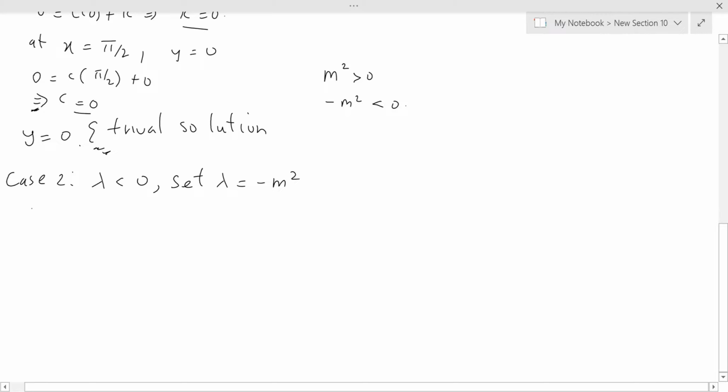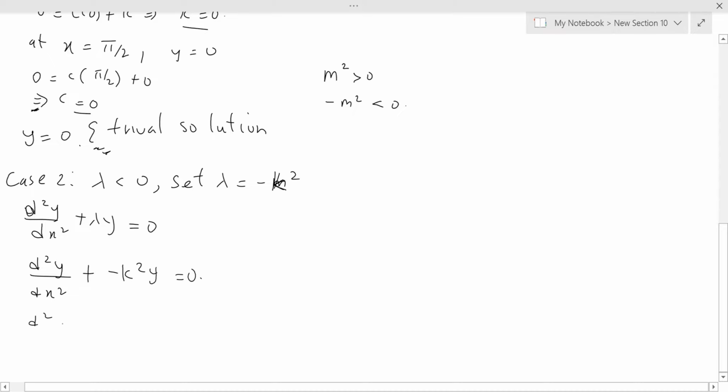So coming back to the second order equation, we have d2y dx squared plus lambda y equals 0. So if you insert the value, okay, let's use k, minus k squared. If you insert the value of lambda there, you get minus k squared y is equal to 0.